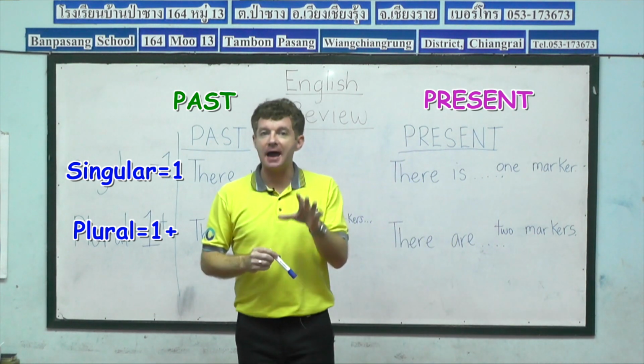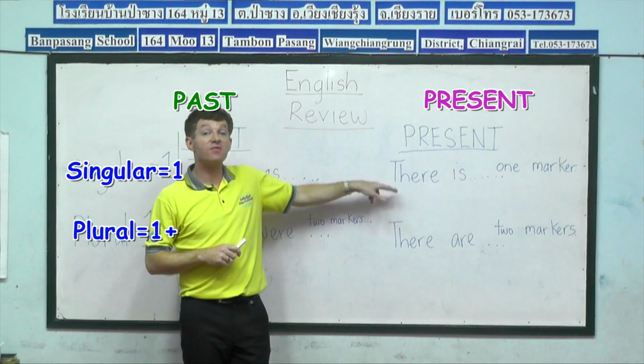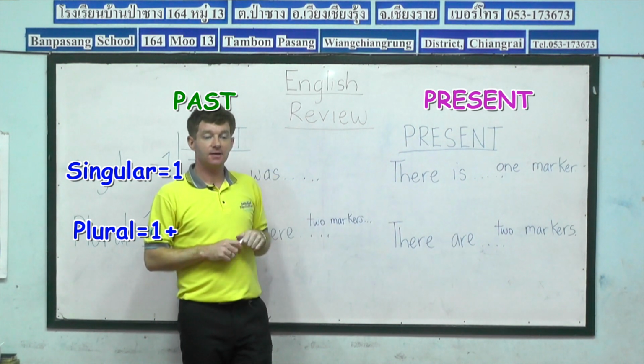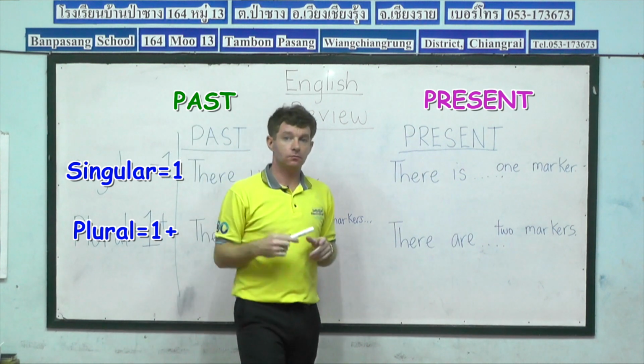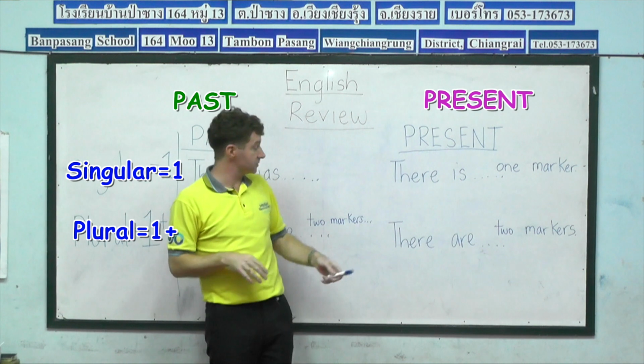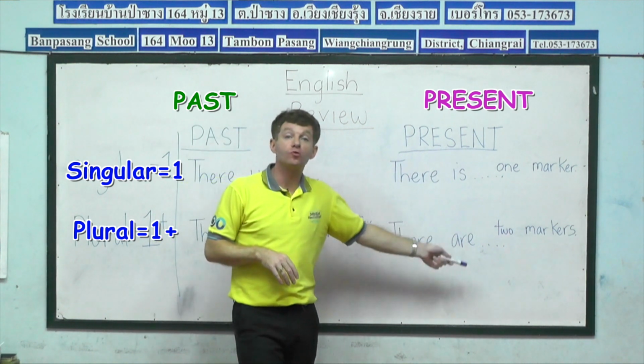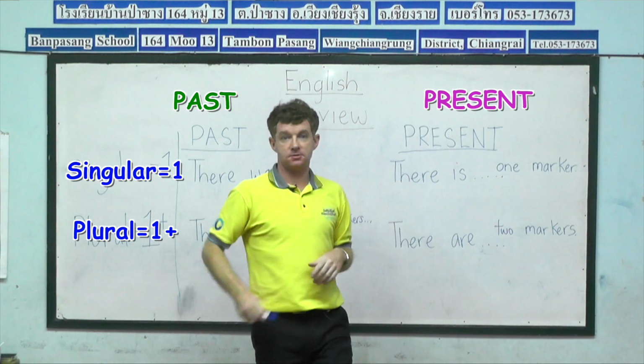Very good. And now, present tense. Singular object. There is one marker. But if there's more than one, we won't say there is, we will say there are two markers. Okay?